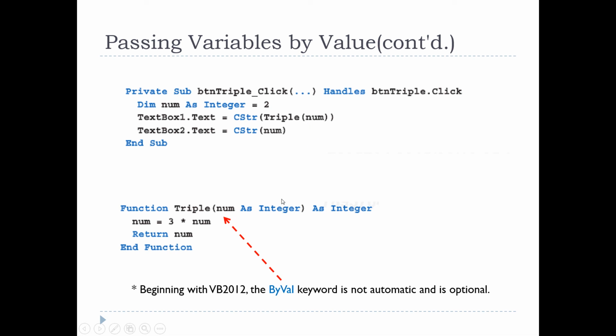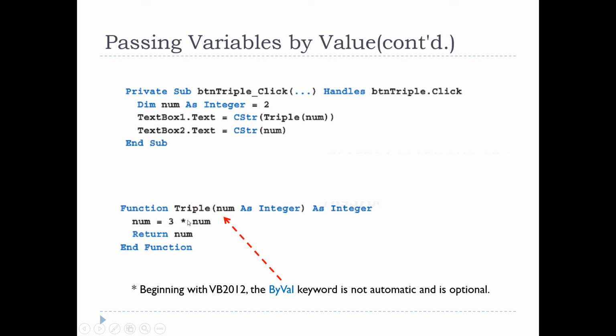You pass num, 2, to it, and in the function down here, we see num is an integer. You can see that this num has the same name as the num here. Although they're the same name, they're completely different. They're local to each other. It's local here, it's local here, so you can call them the same name if you want. It's fine. You can use a different name, that's okay too.